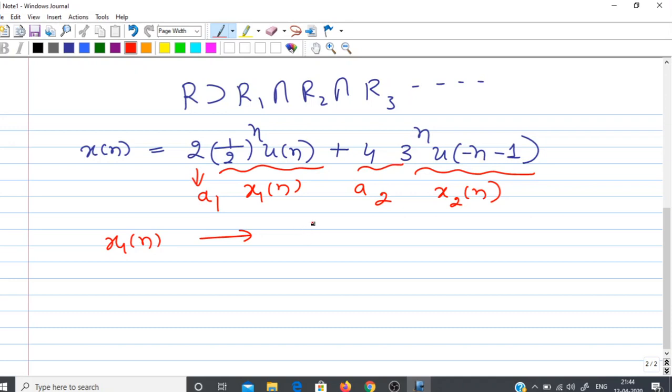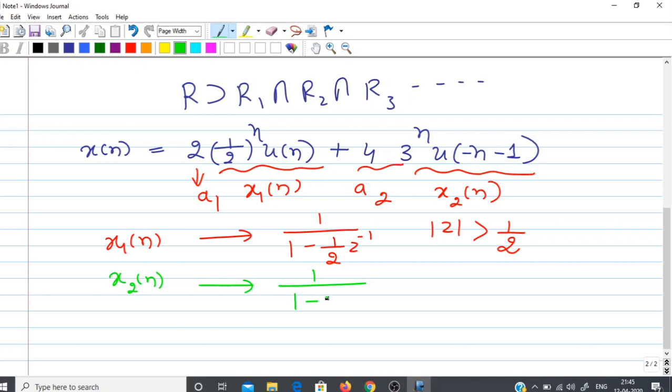It would be 1 upon 1 minus half z inverse with mod z greater than half. And what would be the Z transform of this x2(n)? It would be 1 upon 1 minus 3z inverse with mod z less than 3. So these are our X1 and X2.